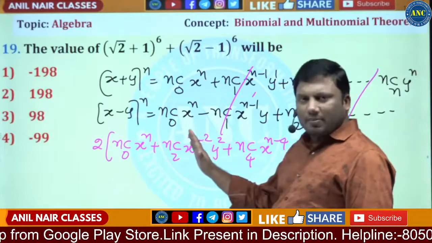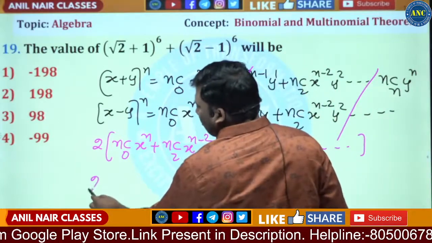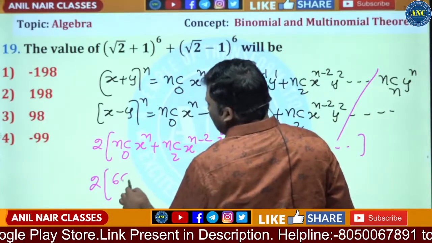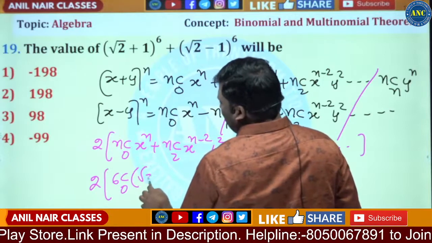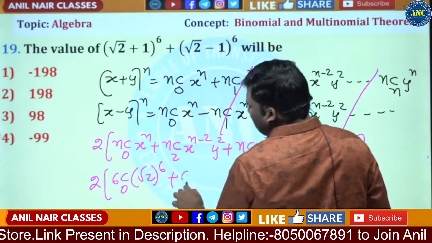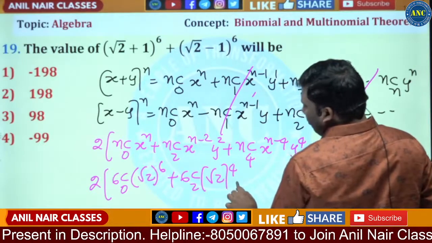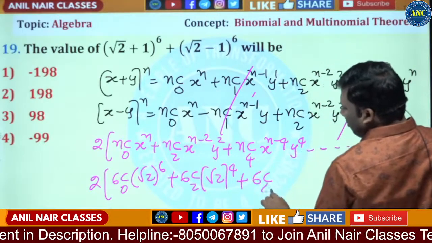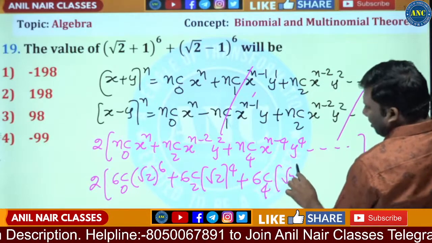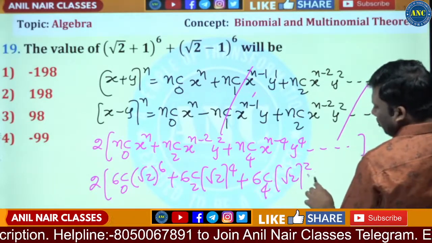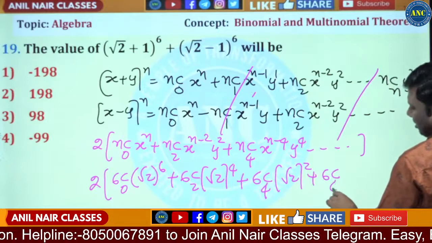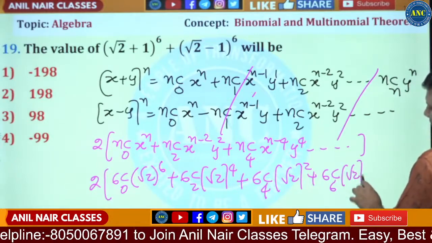We will use the same concept here. 2 into, what is the n value? 6. 6C0 root 2 power 6, 6C2 root 2 power 4, 6C4 root 2 power 2, 6C6 root 2 power 0.